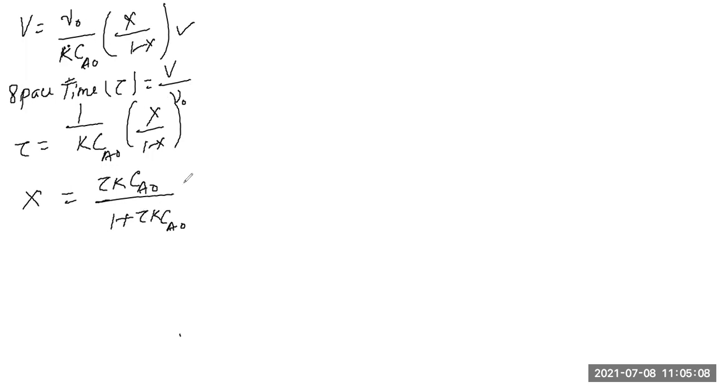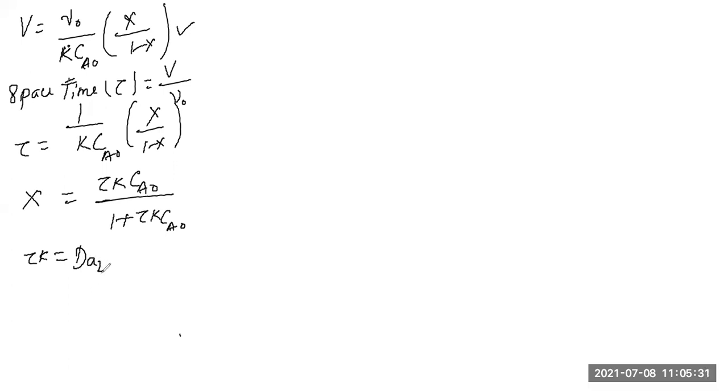We have done in the previous video lecture that tau K is the Damköhler number, the product of space time and reaction constant.